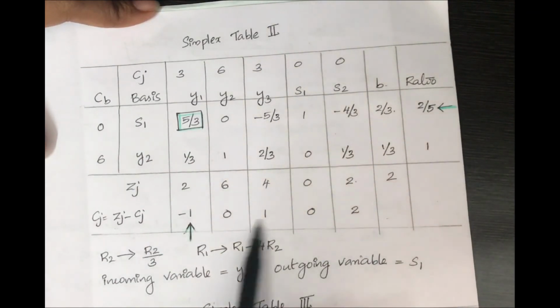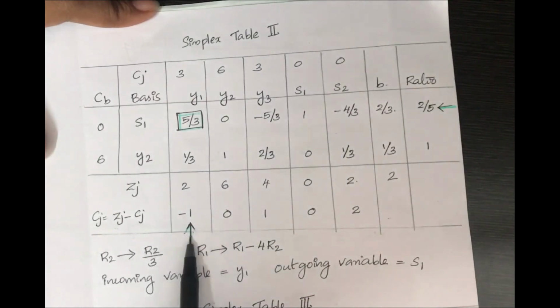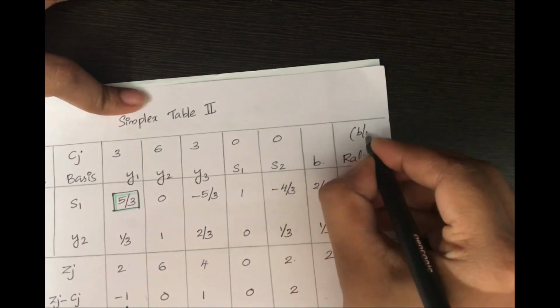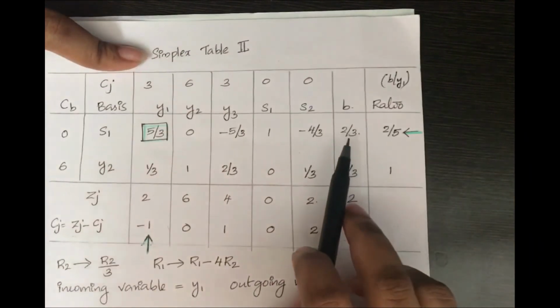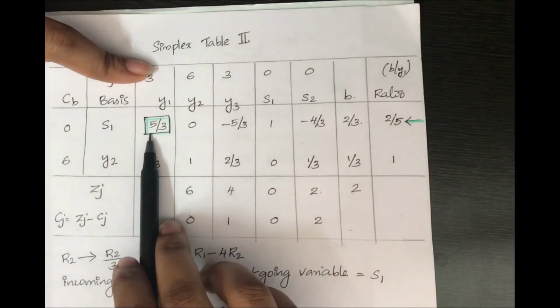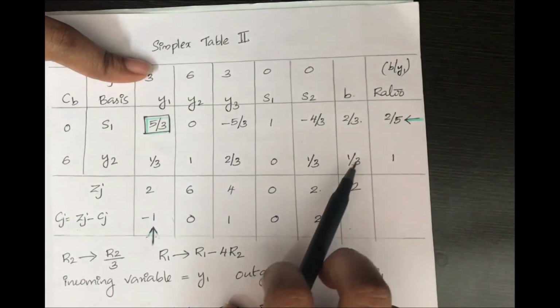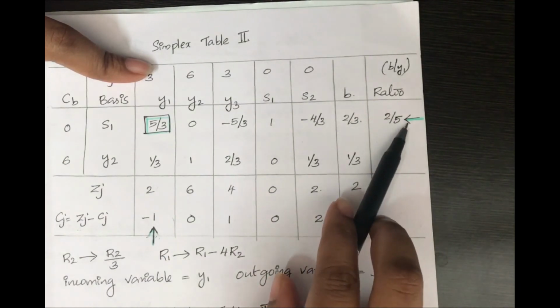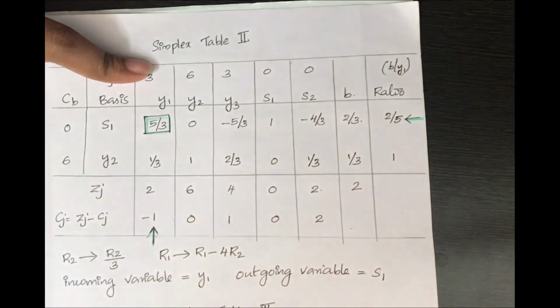It is not optimal, there is a negative number, so y1 is the incoming variable. The outgoing variable is found using the ratio b by y1, that is 2 by 3 divided by 5 by 3, that is 2 by 5, and 1 by 3 divided by 1 by 3, that is 1. Which is the lowest positive? 2 by 5.